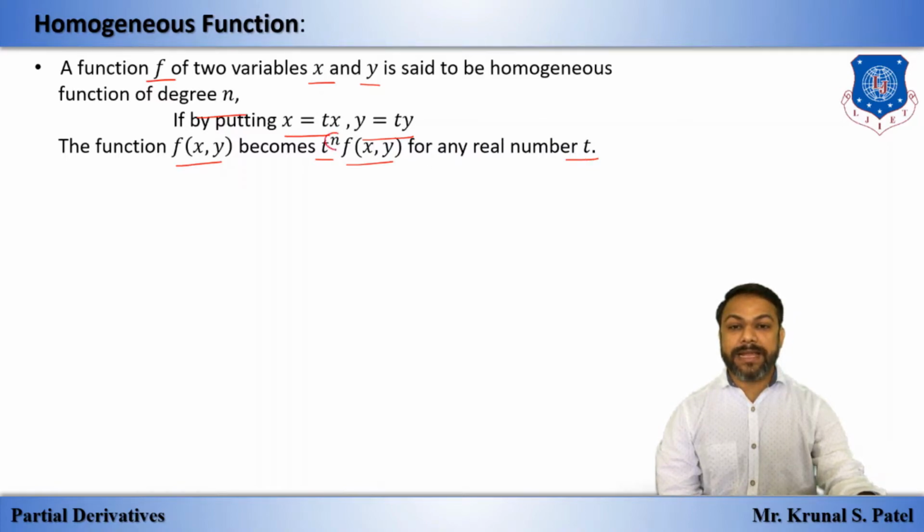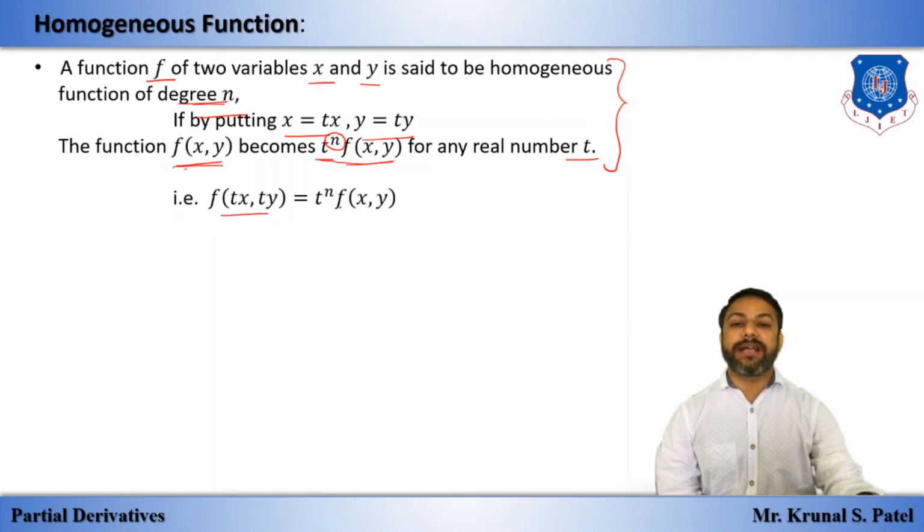Then this n is the degree of the function, and the function is called a homogeneous function. We will apply this concept in an example. What is the meaning of this? f of x, y becomes t raised to n into f of x, y, that is f of tx, ty is equal to t raised to n into f of x comma y.